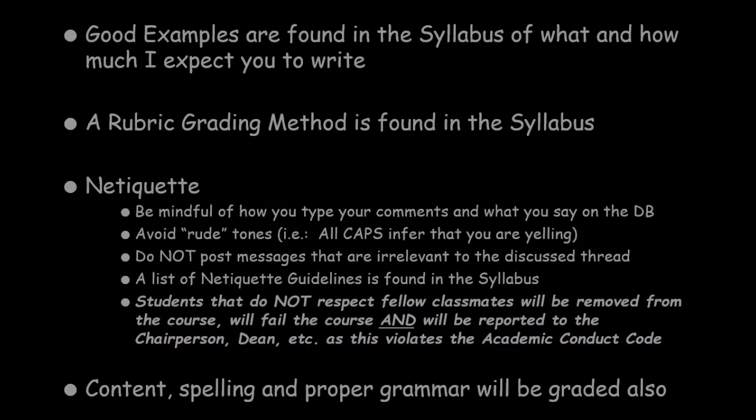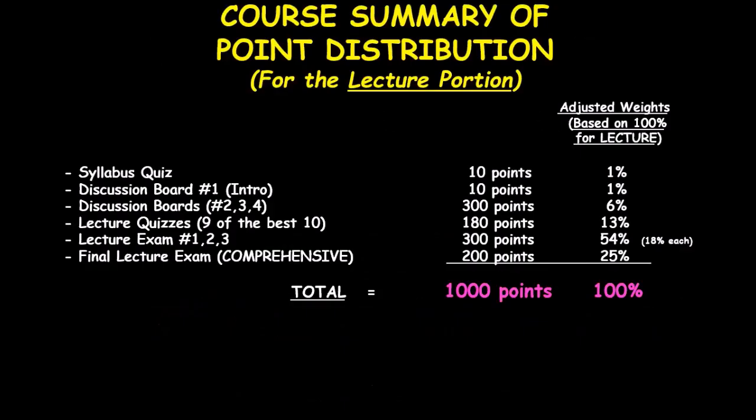So take a look at that if you want. Then at the top of page 29, you'll see the point distribution. Yes, there are points on there, but more importantly are the adjusted weights. And again, this is only for lecture, okay? You can see how everything is adjusted over here.